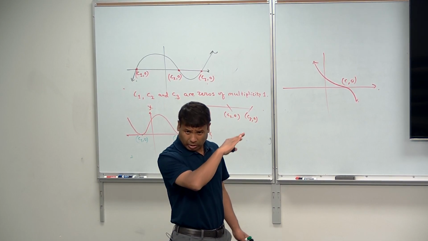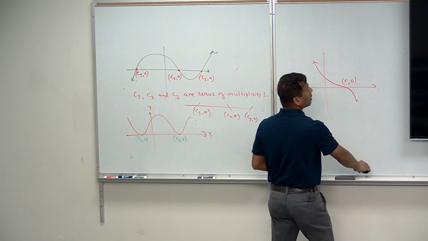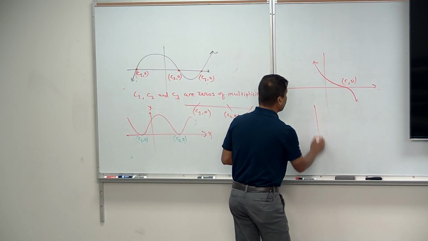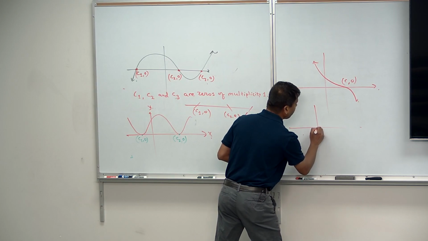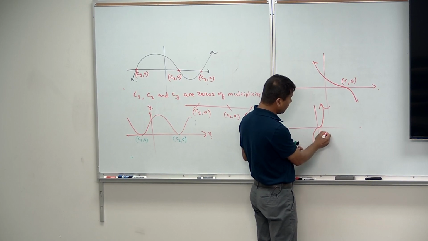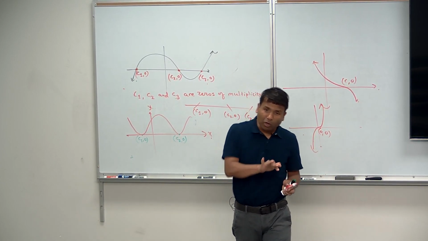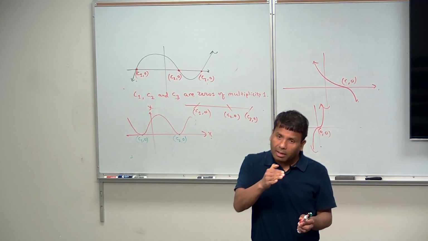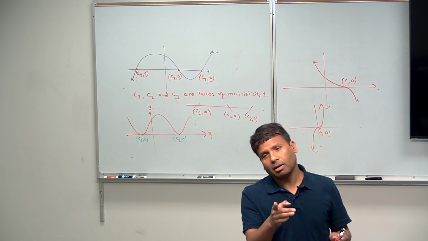It crosses and it's also tangent. Something like this, let's say at (0, 0). What happens? The graph crosses the x-axis at x equals 0, and it's also tangent.